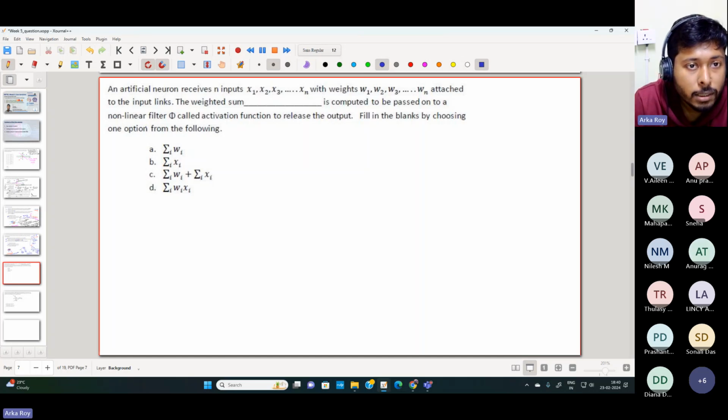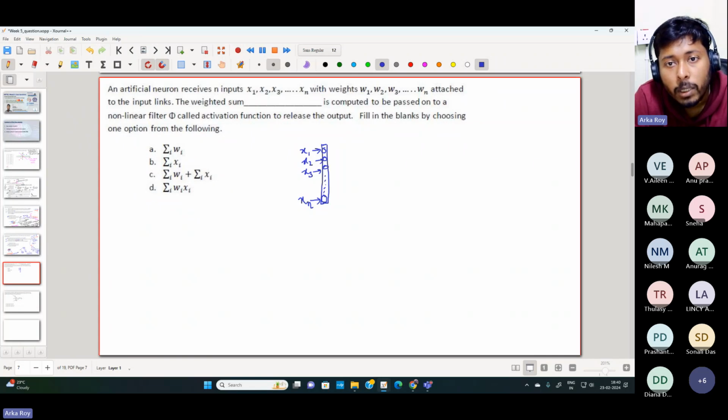Okay, so the next question states that you have an artificial neural network which receives n inputs. If I just draw the diagram, these are the neurons: x1, x2, x3, and you have n such input values, so this is xn, with the corresponding weights W1, W2, Wn all linked to the inputs for the weighted sum.